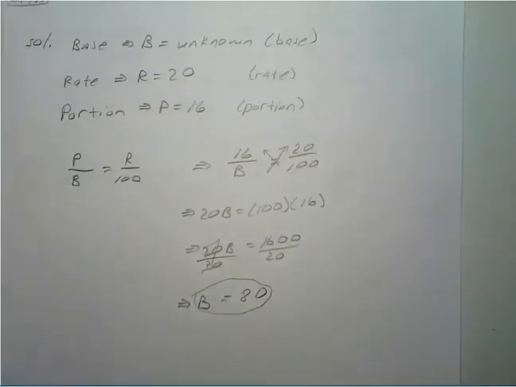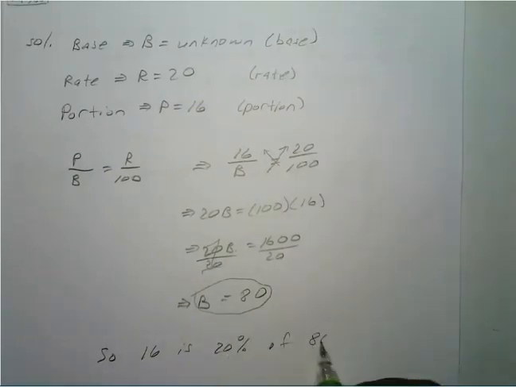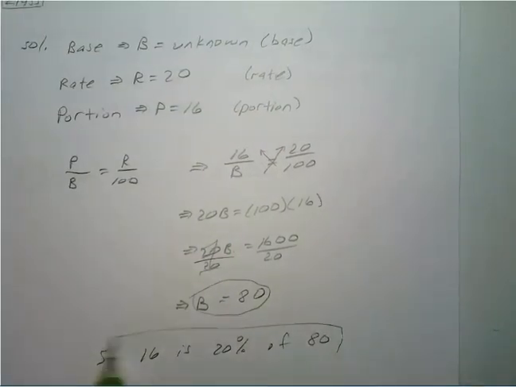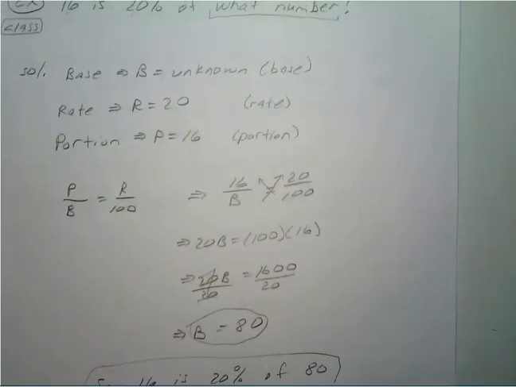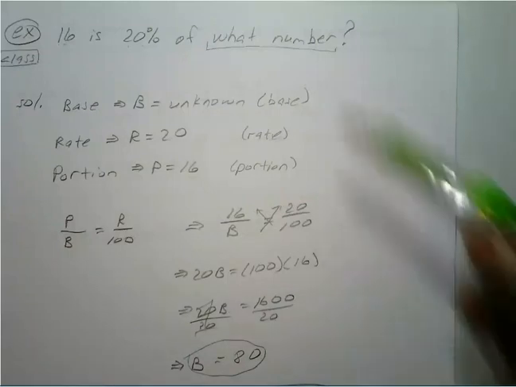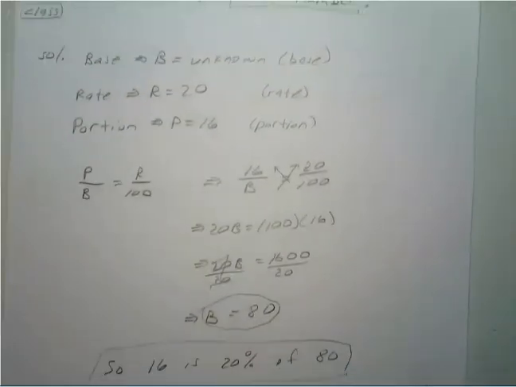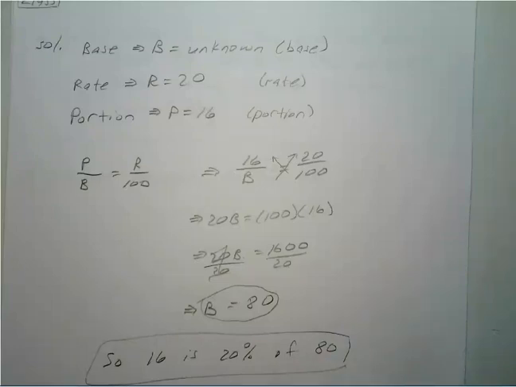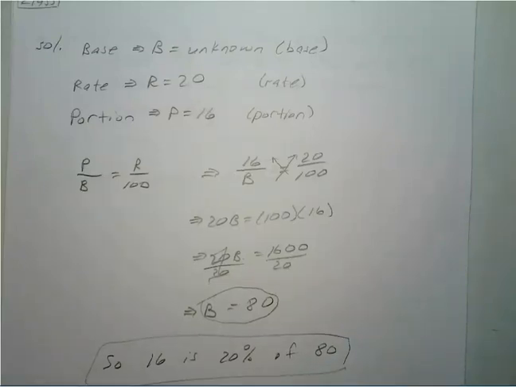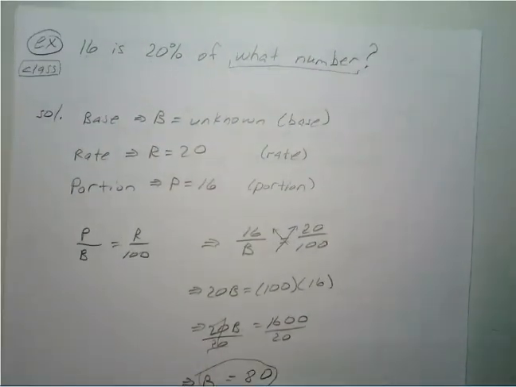All right, so what does this tell us? Well, so we know that 16 is 20% of 80. Okay, because all we did is replace the what number with the base that we saw. All right, so whenever you want to check your answer, all you have to do is say, okay, I think this, let's say you made a mistake and you made this your portion.